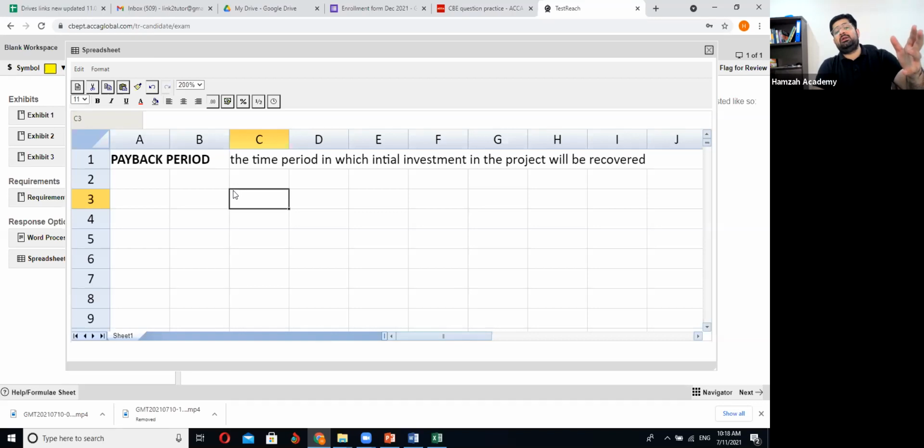It means in 5 years I have to return the amount to the bank. My first concern is whether the project will return 5 million in 5 years or not. What is the payback period of the project? If the project is not giving back that amount, I cannot go ahead because I will not be able to return money to the bank.